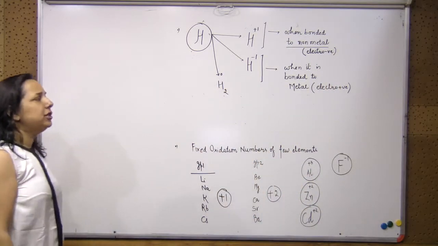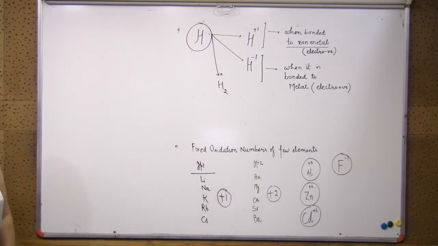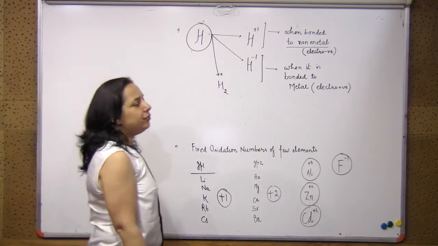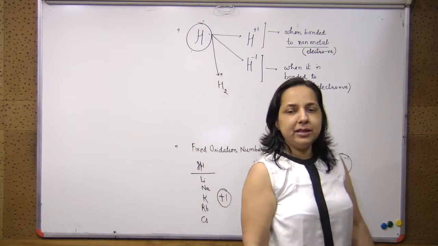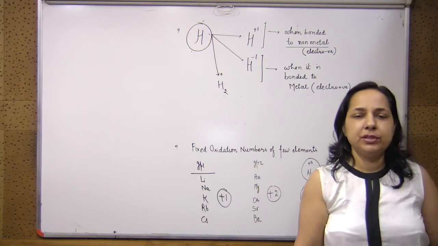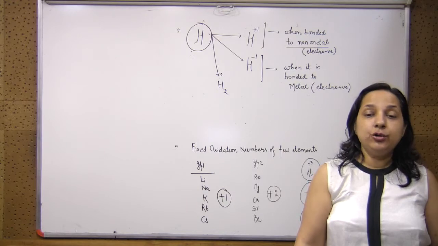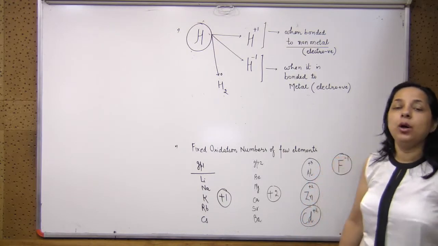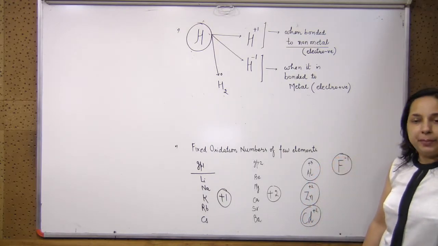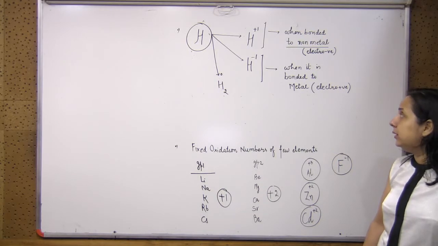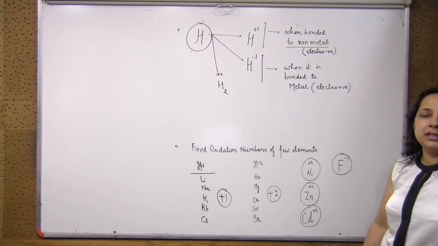So if hydrogen is bonded to an element which is more electropositive than hydrogen, the hydrogen will become negative. And if hydrogen is bonded to an element which is more electronegative than hydrogen, then it will become positive. It means hydrogen can show a variation. Hydrogen can show a variable oxidation state. With metals it is -1 and with non-metals it is +1.